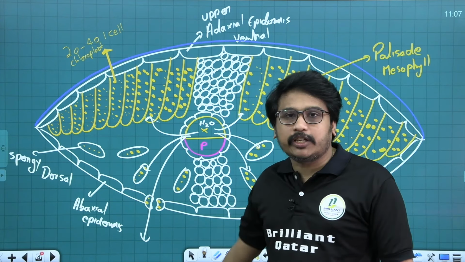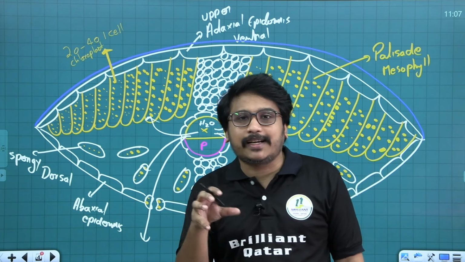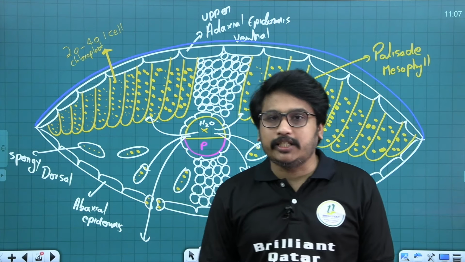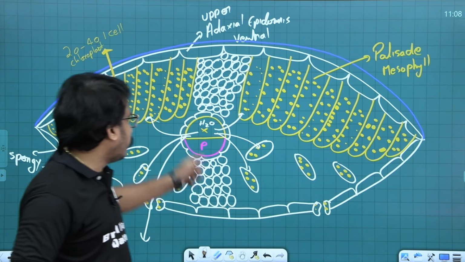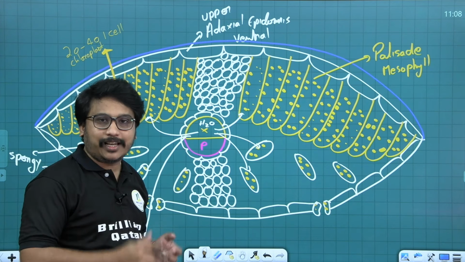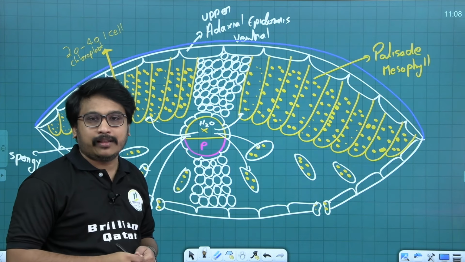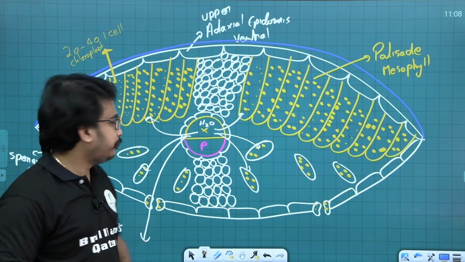There is diffusion of water vapor from a higher concentration inside the leaf to a lower concentration in the atmospheric air. That process is called transpiration. So all these cells, mainly the chloroplasts, get water from the xylem present in the midrib, veins and veinlets of the leaf.